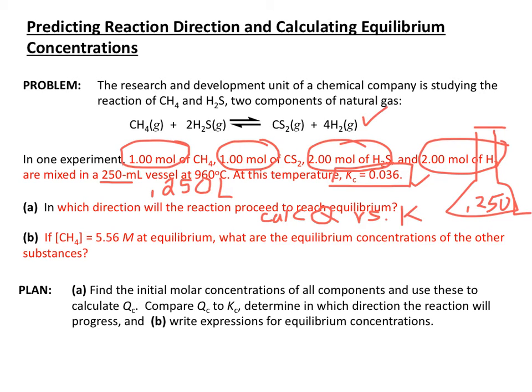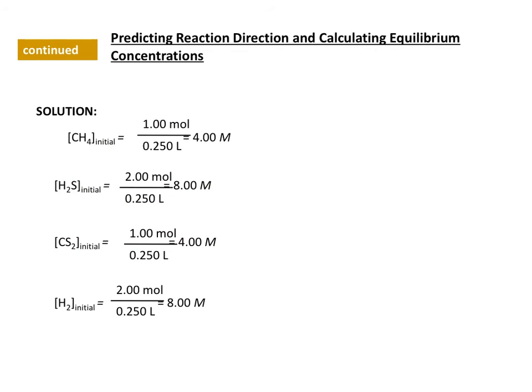And then part B asks, if the concentration of methane at equilibrium is 5.56 molar, what are the equilibrium concentrations of the other substances? So we'll go to the next slide to get this all set up. First thing we have to do is to calculate the molarity of all of the products and reactants.